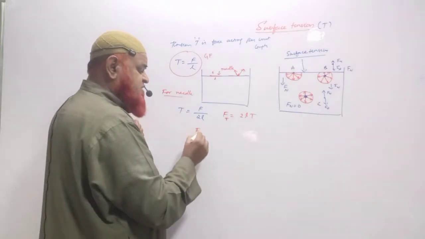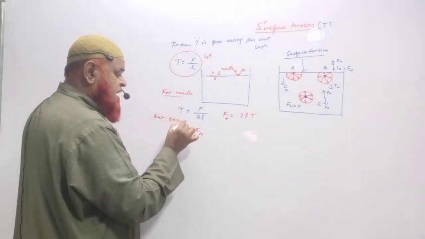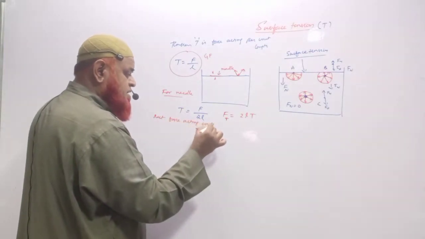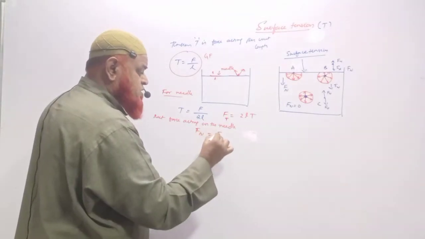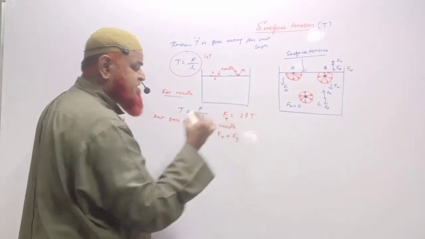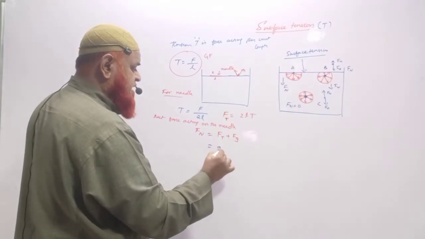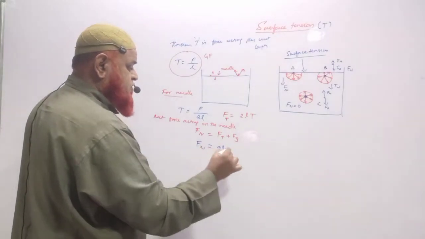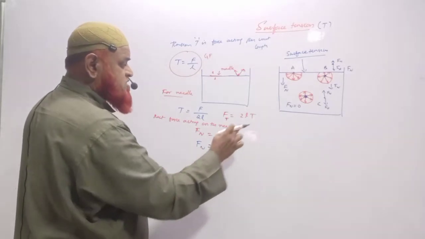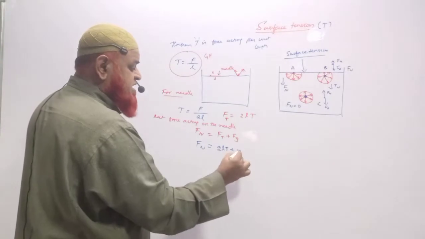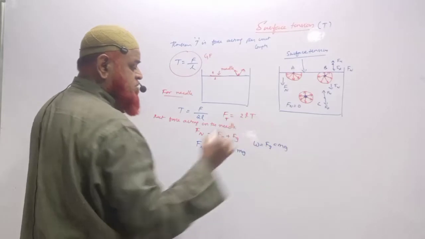Then what is the net force acting on the needle? The net force acting on the needle is force due to tension plus force due to gravity. Force due to tension is 2L into T. Force due to gravity is W, which is nothing but mg.